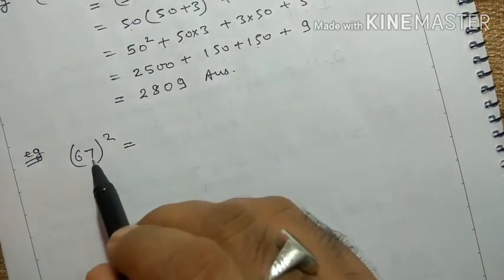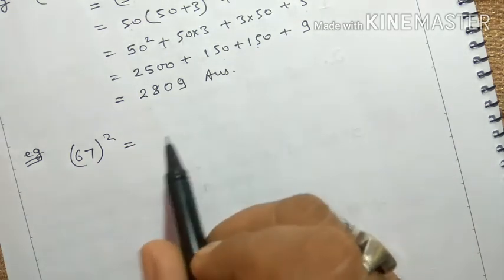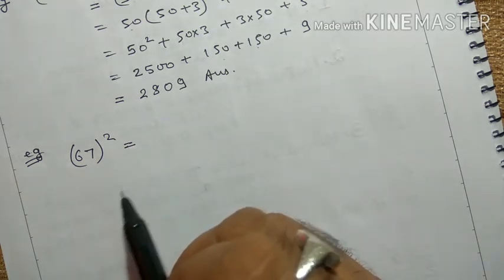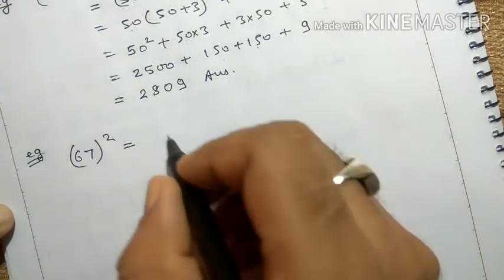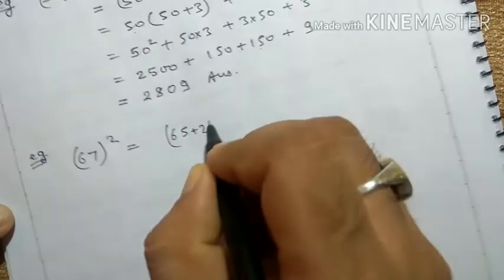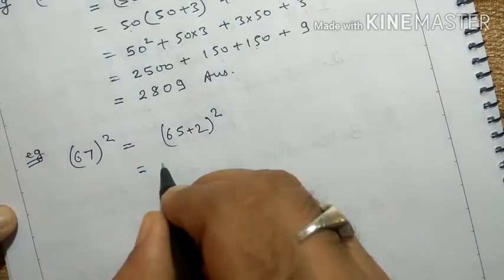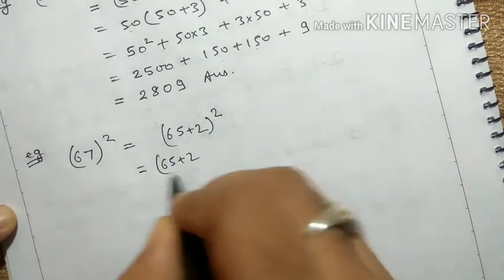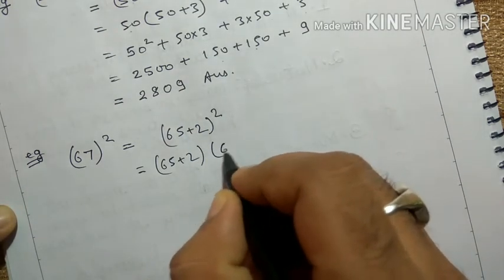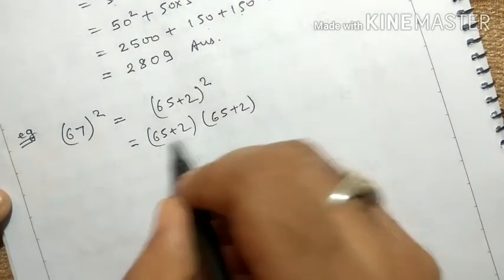67 can be represented in two ways. Either you write (70 minus 3) whole square, or you can do (65 plus 2) whole square. So I'm taking here (65 plus 2) whole square. This will be equal to (65 plus 2) into (65 plus 2). Now open the bracket.